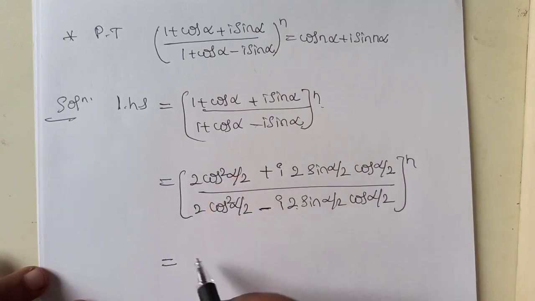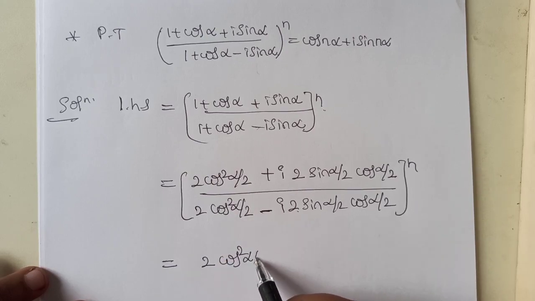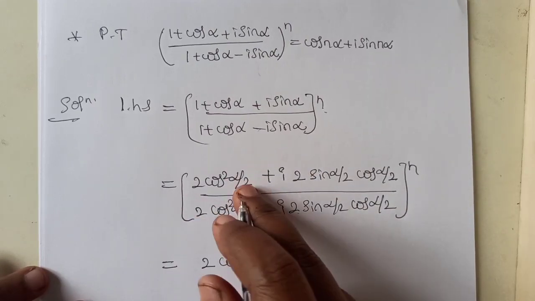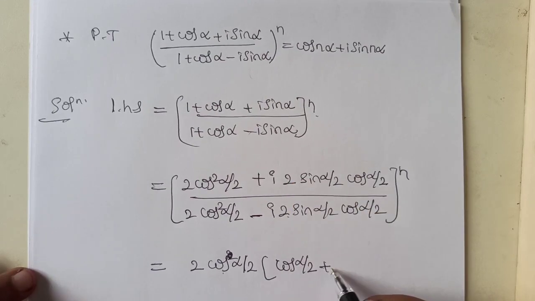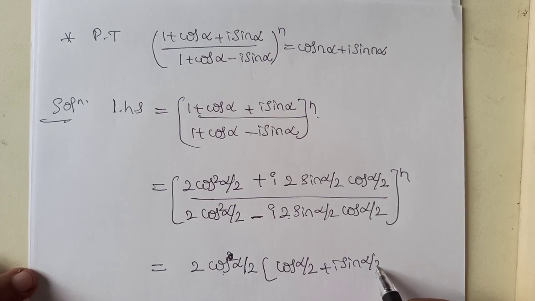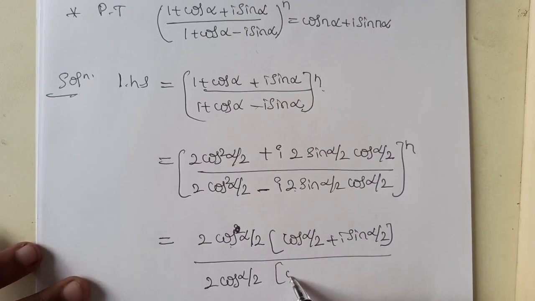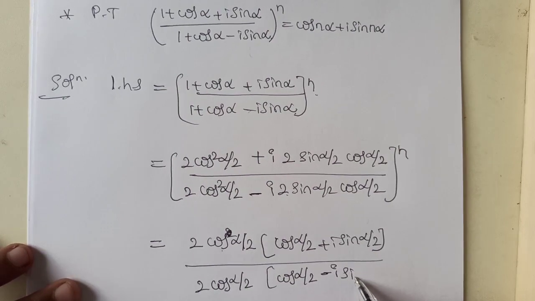Taking 2 cos(α/2) as a common term, we get cos(α/2) + i sin(α/2) in the numerator, and in the denominator, cos(α/2) − i sin(α/2).